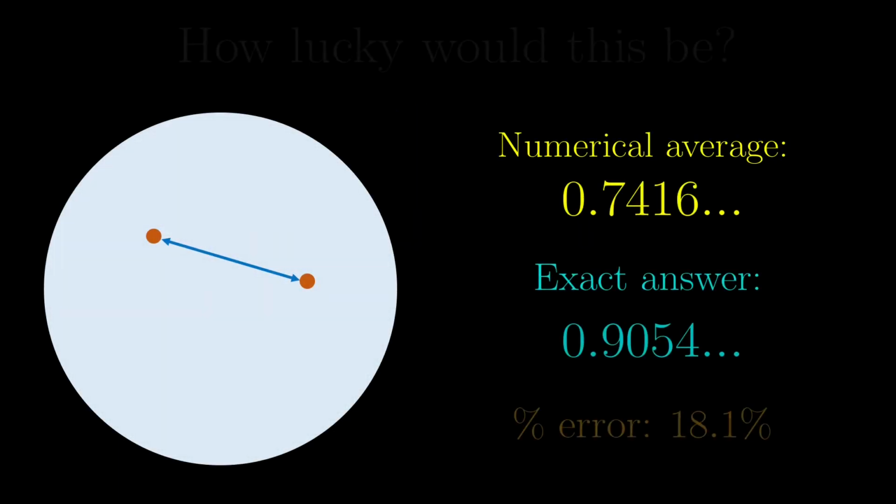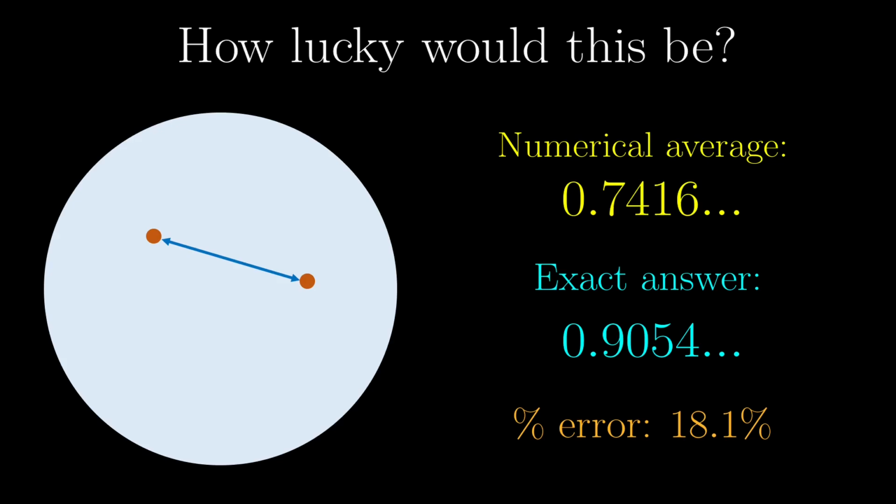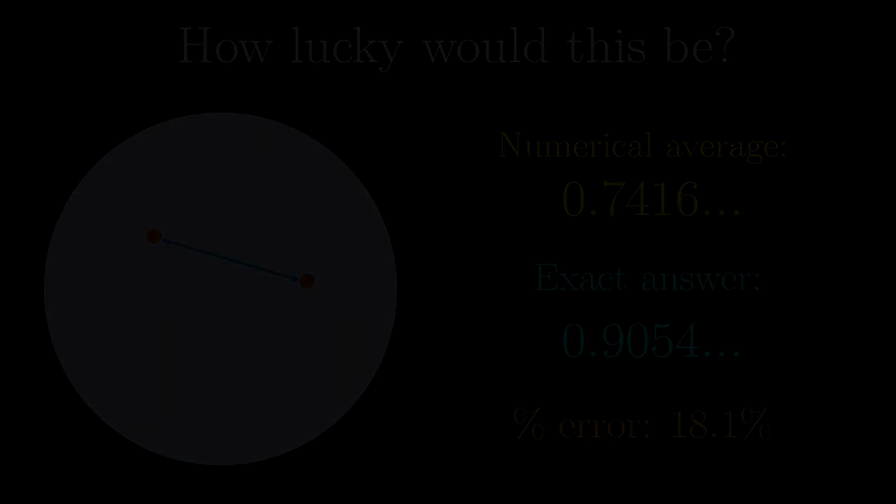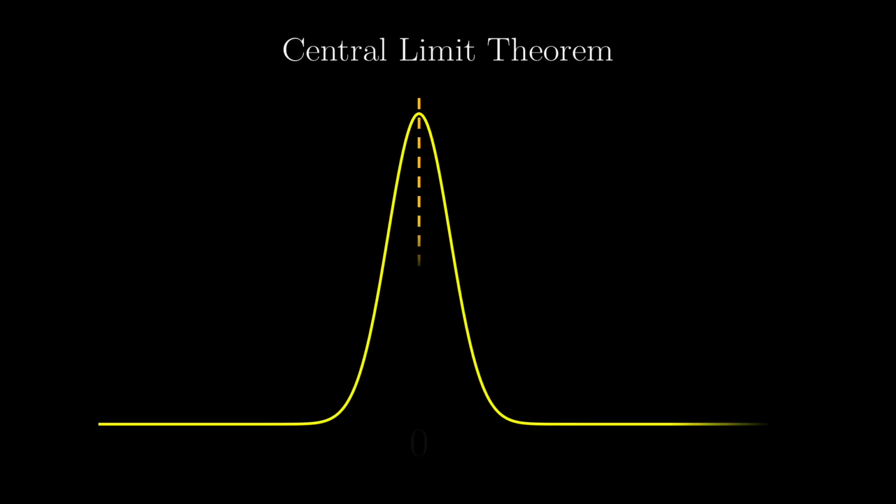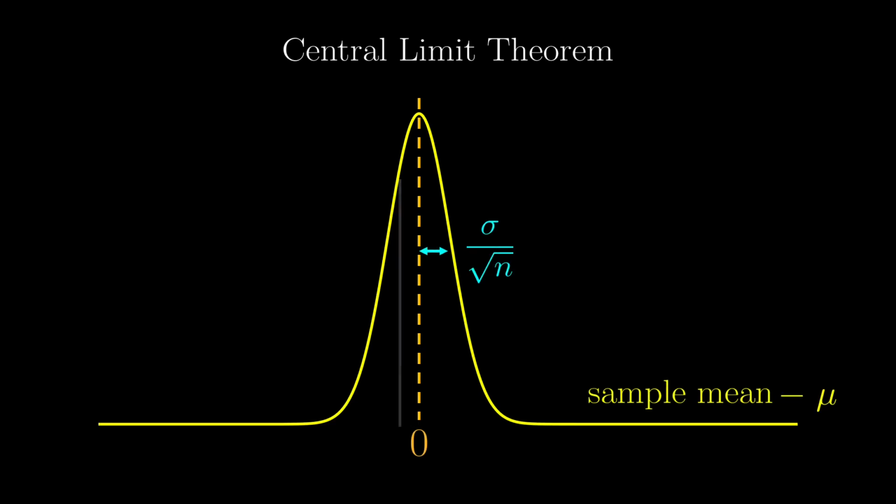Now, in the first half of the video, I said we would calculate the so-called luck that we get the average that low if there is nothing wrong with our simulation nor the exact answer. The above discussion works here as well, but this time the difference is really large.